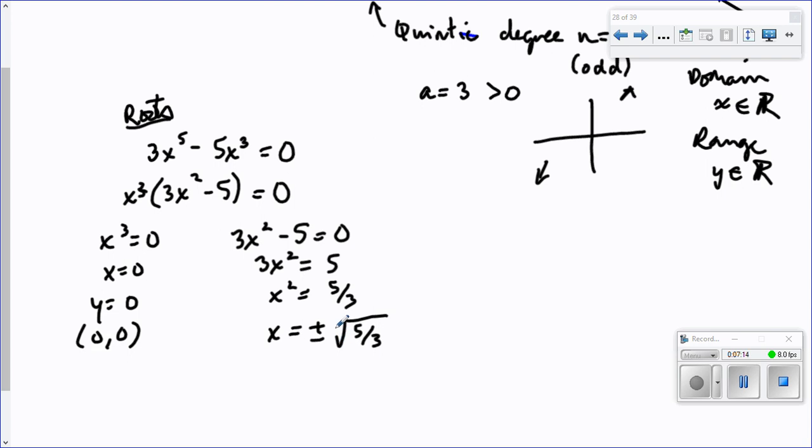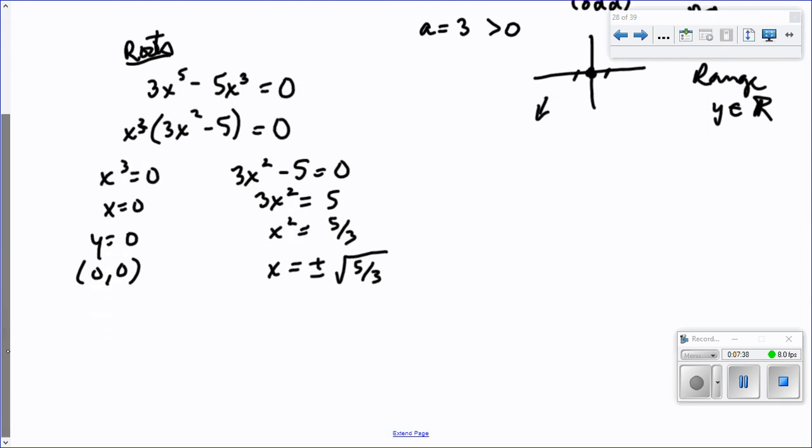We don't have any even roots, double roots or quadruple roots or whatever, and those ones bounce from below or above the function here. So we'd have a point here, a point over in here, and a point over in here. So probably it looks a little bit like that. I don't know exactly for sure, and we'll find out with the rest of this information here.